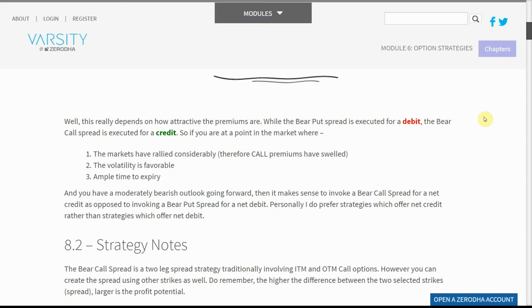So if the markets have rallied considerably, therefore call premiums have swelled, the volatility is favorable, there is ample time to expiry, and you have a moderately bearish outlook going forward, then it makes sense to invoke a bear call spread for a net credit as opposed to a bear put spread for a net debit. Personally, I do prefer strategies which offer net credit rather than strategies which offer net debit.